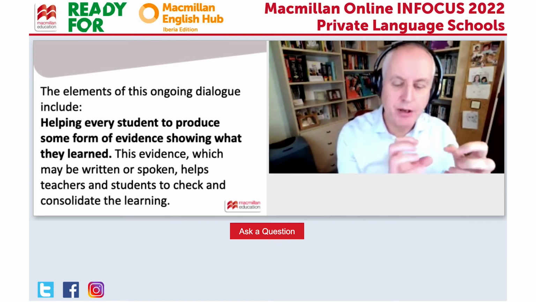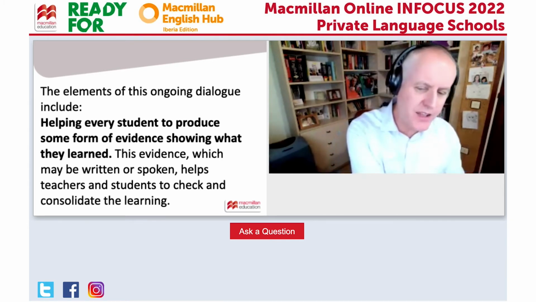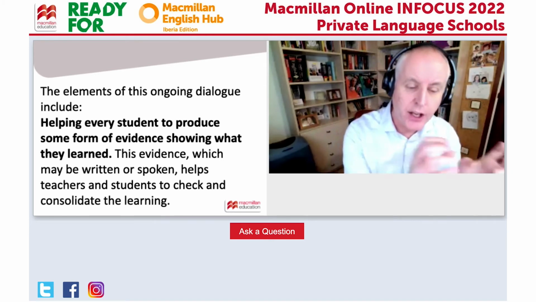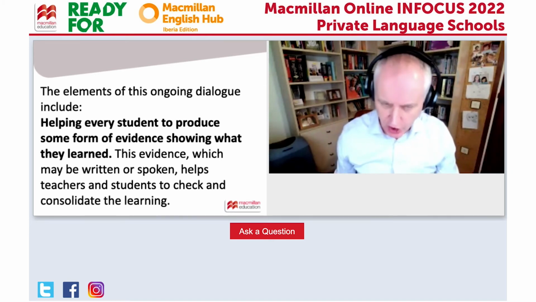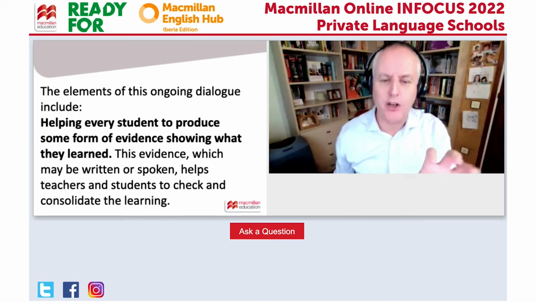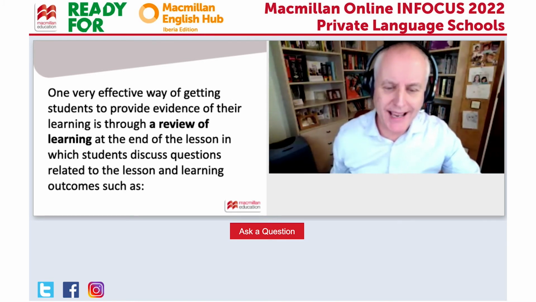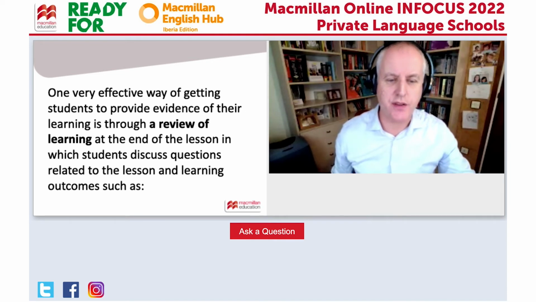And this evidence can be written or spoken, and this helps both the student and the teacher to check and consolidate the learning. So some form of evidence, either written or spoken, to show what they've learned, which, when you're talking about paraphrasing, is related to this.